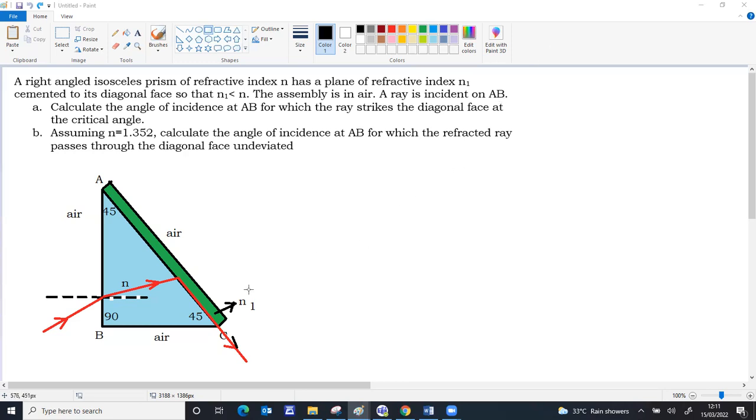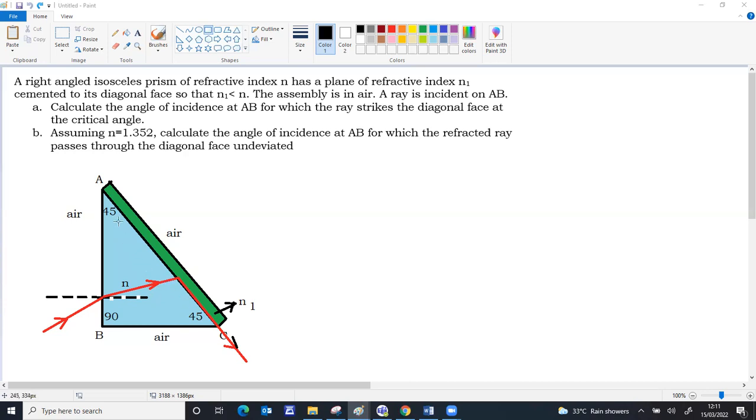So the light ray incident at AB undergoes refraction, bent towards the normal because it is going from air to glass. And here from n to n1, it's going from denser to rarer. At critical angle, the light will go parallel to the surface. So for what angle of incidence will this happen?